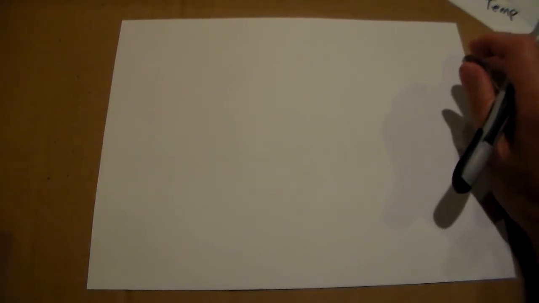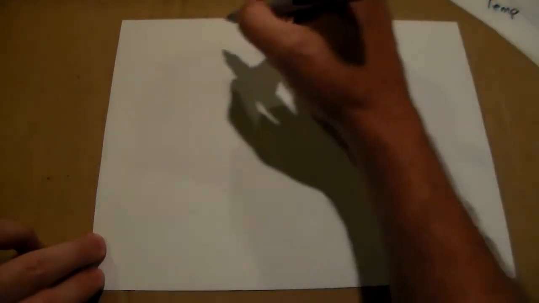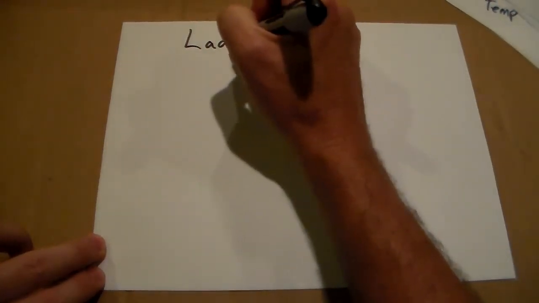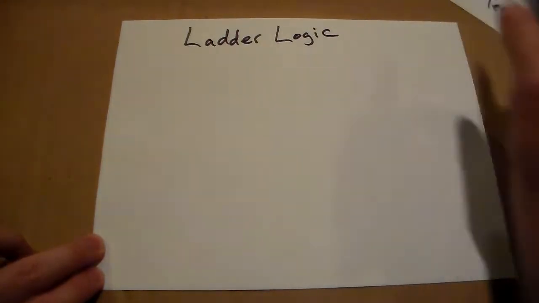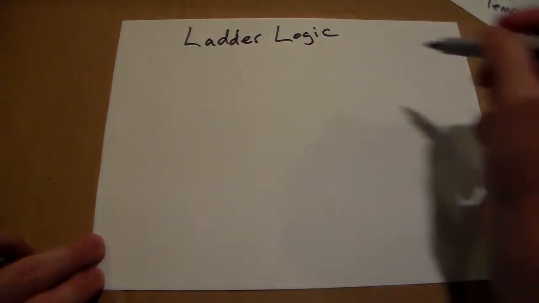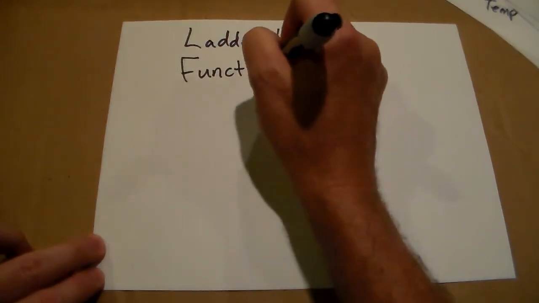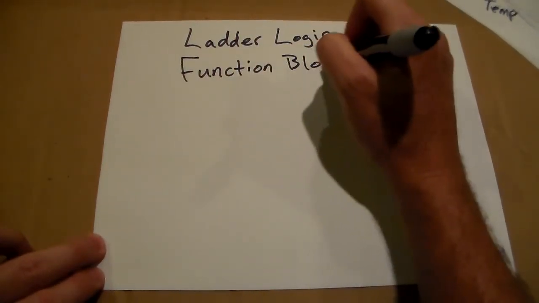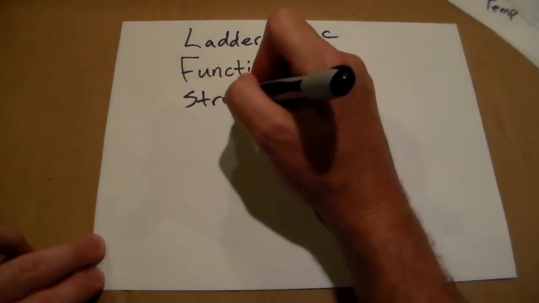Alright. PLCs can have different types of programs in them. The one you're probably most familiar with, and the one that we'll be discussing, is ladder logic. But that's not the only thing they can do. They can also do some other things, maybe function blocks or structured text.